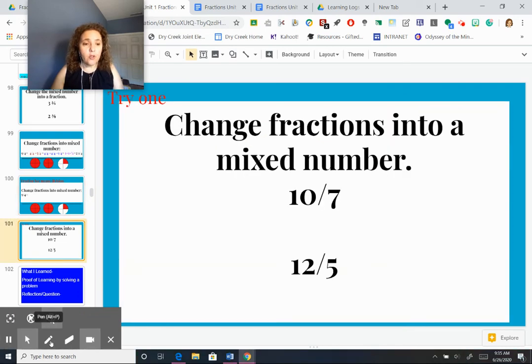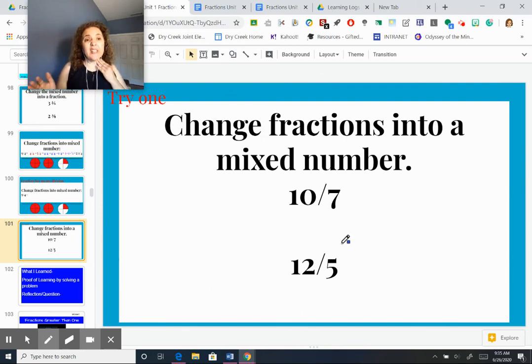All right, so change the fraction into a mixed number. I have 10 sevenths. I could draw a picture, but I'm not very good with drawing sevenths, I'm going to be quite honest with you. I can break it apart, or I can do my division, right?